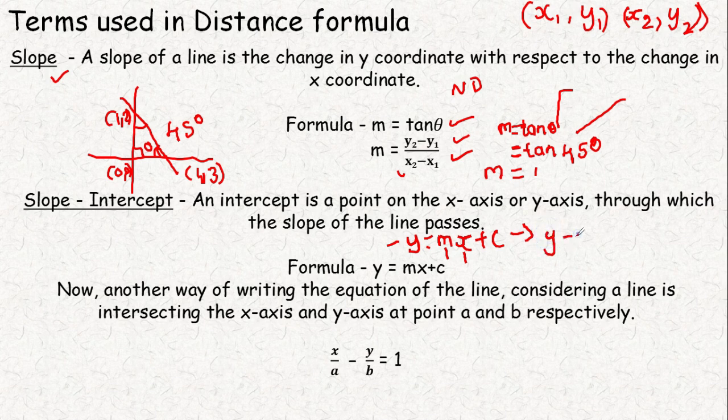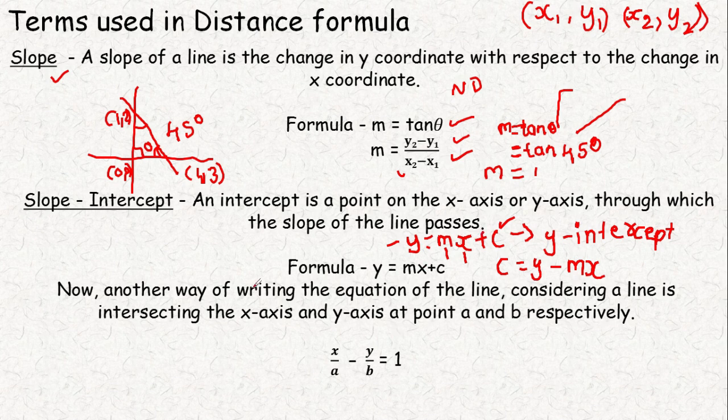You can rearrange the formula, that's c is equal to y minus mx. But this is the standard form, y is equal to mx plus c, which we also call slope intercept form.